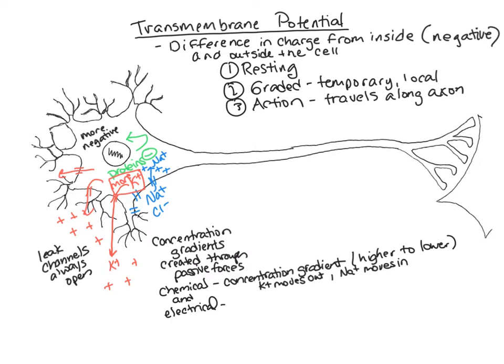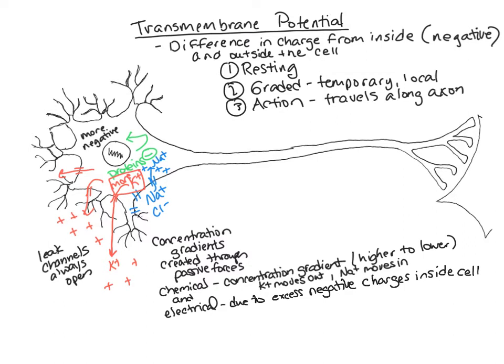And then, of course, this causes an excess of negative charges inside the cell due to those negatively charged proteins, and more positive charges outside of the cell because of the positively charged potassium leaving the cell. This leads to a potential difference in electrical charges across the cell membrane. The potential difference is negative 70 millivolts.